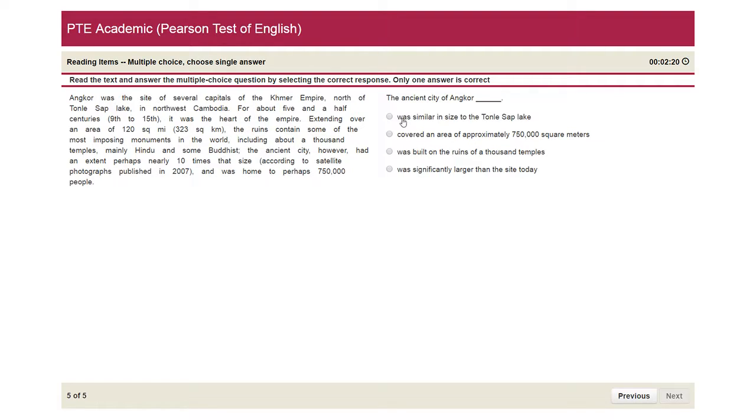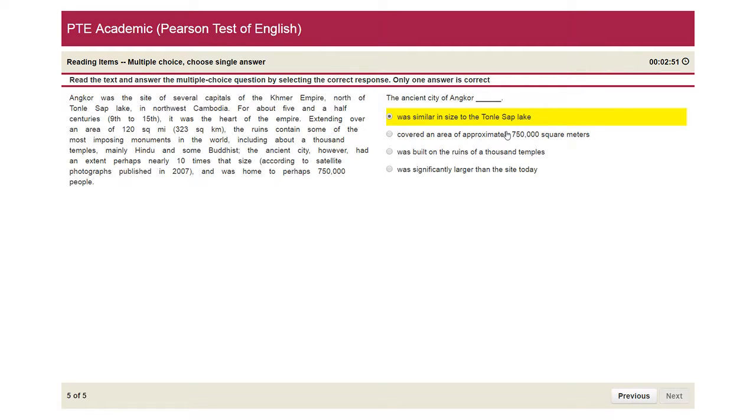Let's read the options. The first: was similar in size to the Tonle Sap Lake. This answer is nowhere mentioned in the paragraph, I believe, because it was north of Tonle Sap Lake. The paragraph never talked about it being inside the lake. It was just north of Tonle Sap Lake. So this option is not found in the paragraph and shouldn't be correct.